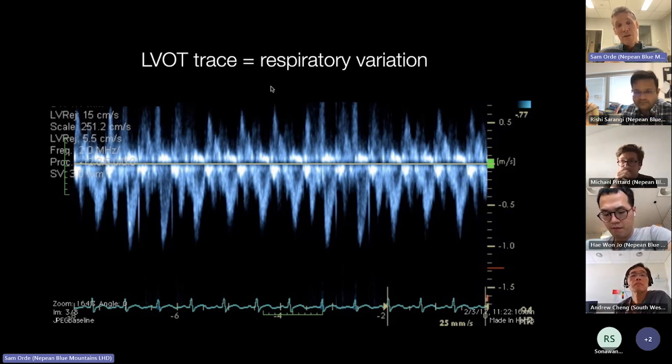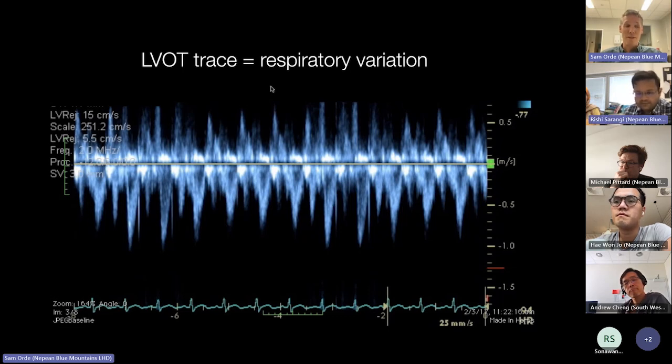But what we're seeing here is what happens when you get ventricular interdependence. So as you get insufflation and you get dilation and you get that increase in the RV afterload, you'd cause that interventricular septum to be pushed over to the left. And as you push that interventricular septum over to the left, that is what can give you the respiratory variation changes you're seeing, because you impair the LV filling.